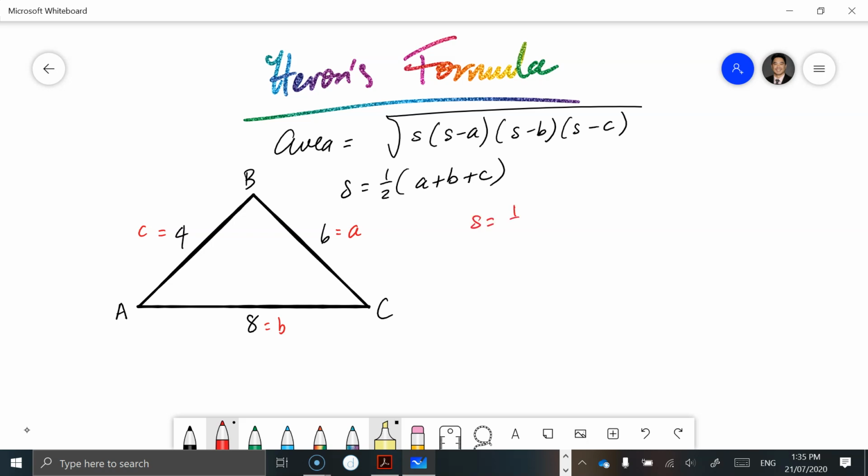S is equal to half of 6 plus 8 plus 4, which is 18. So 18 divided by 2, S is equal to 9.